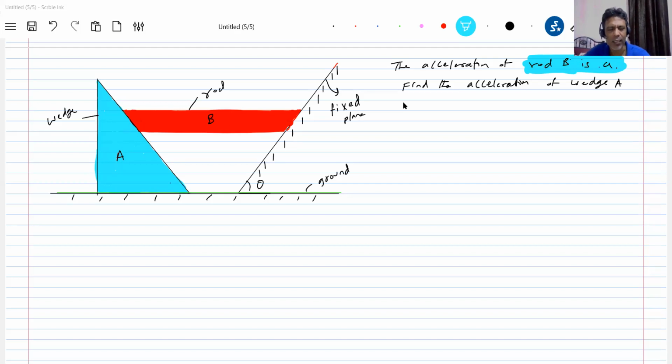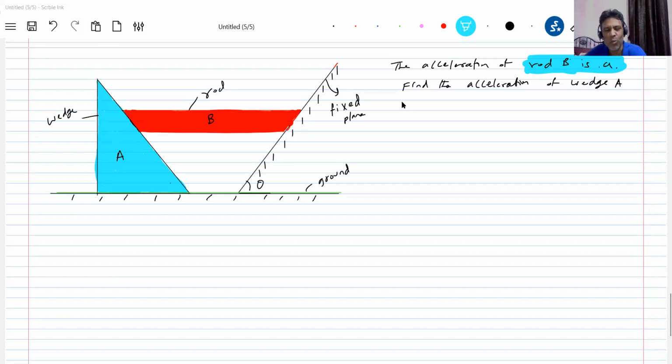Then vertically down? Yes, sir. No, sir, it will move in a plane. So vertically down and towards left. Along the plane, sir, along the fixed plane.